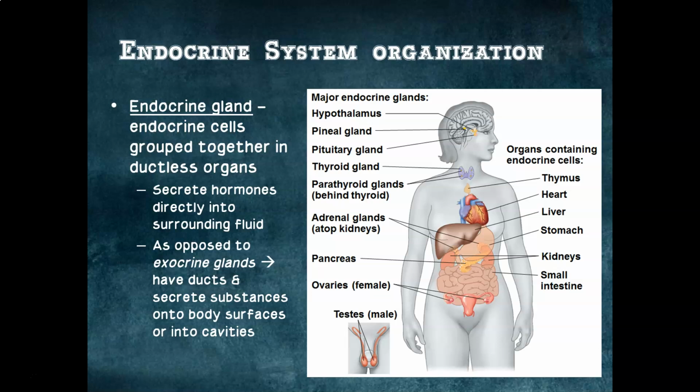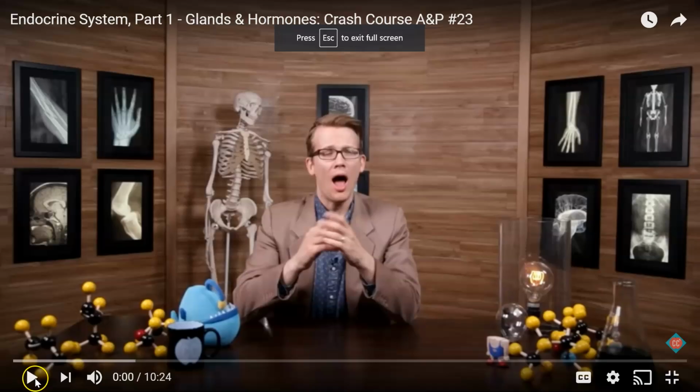So those are big glands in terms of really distinguishing different sexes in organisms. And then you've also got organs that may not necessarily be considered glands per se, but they do contain endocrine cells. So you've got your thymus that sits on top of your heart, your liver, your stomach, your kidneys, small intestines, and so on and so forth.